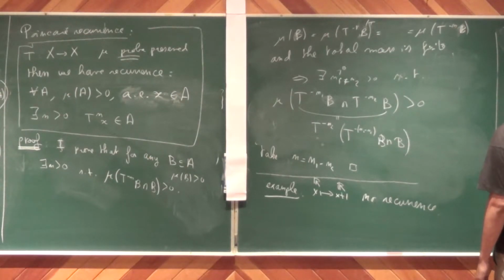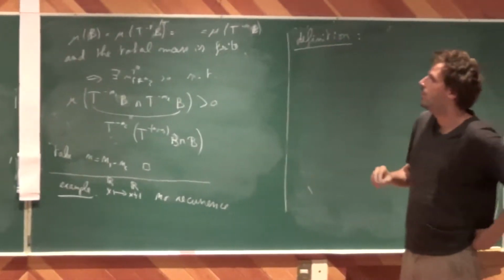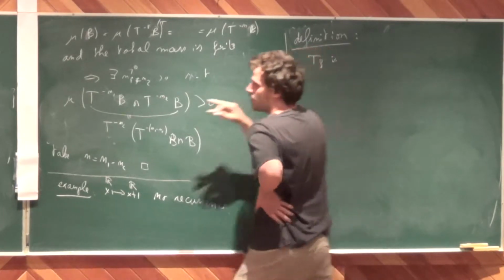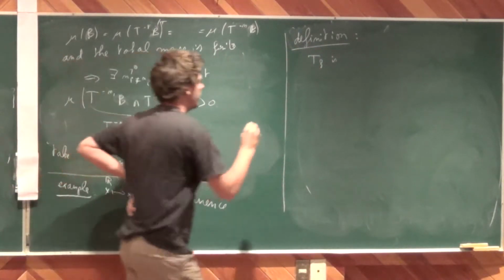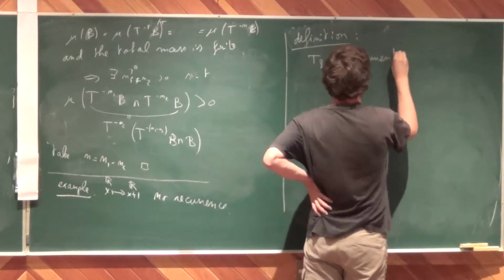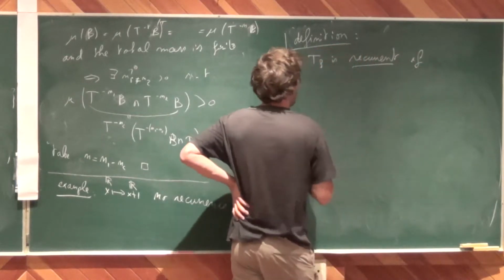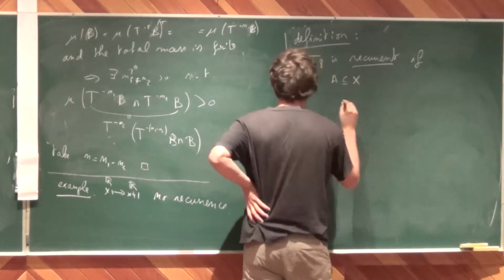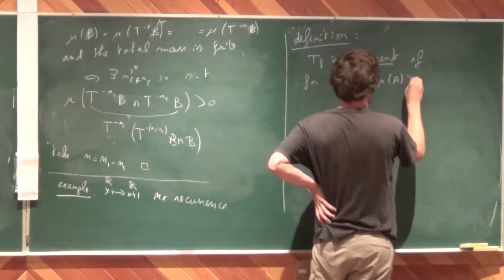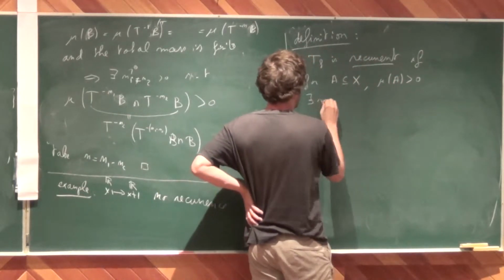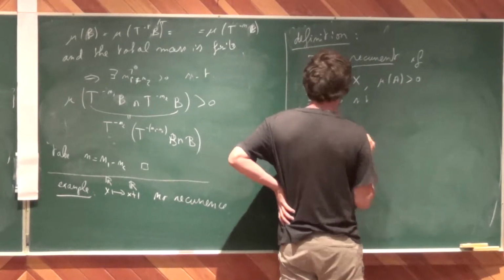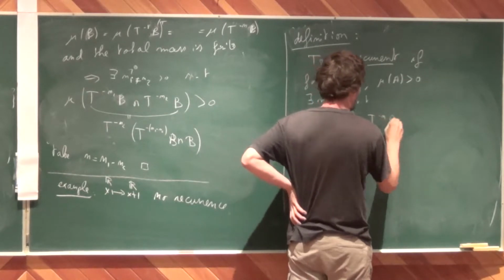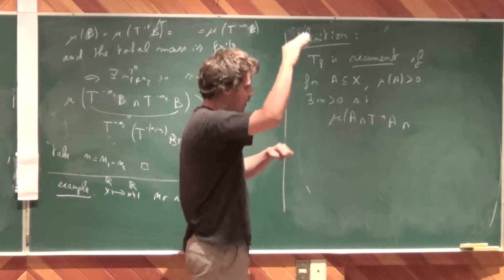T_F, which is my skew product here, is recurrent if for A in the base with positive measure with respect to the measure in the base, there exists n positive such that mu of ... So you look at the time for which you come back arbitrarily close, but also for which you come back arbitrarily close in the fiber.